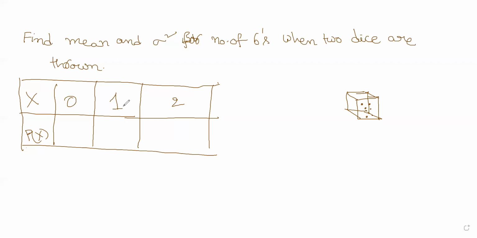They're not asking that both have to be 6, nor that the sum is 6. Just a 6 has to turn up when you are throwing the dice. So how many possibilities are there? You can have 0 sixes, you can have 1 six, you can have both sixes. As simple as that.